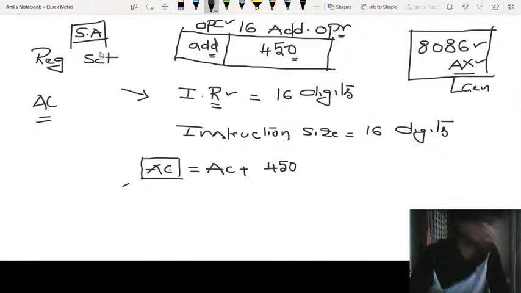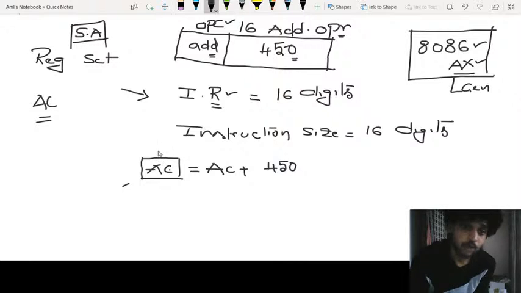Okay. Now, in our architecture, the second operand is always accumulator. That is, when an instruction is getting executed, it is going to perform the operation specified by the opcode between two operands. One operand will be given by the instruction. The second operand will always be the accumulator.